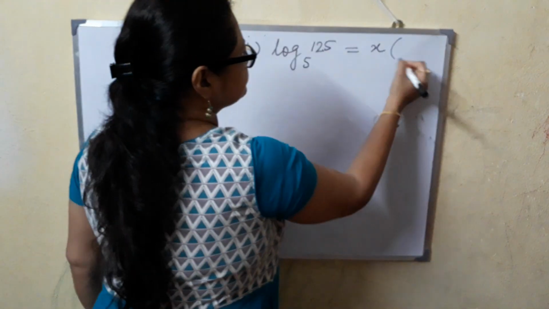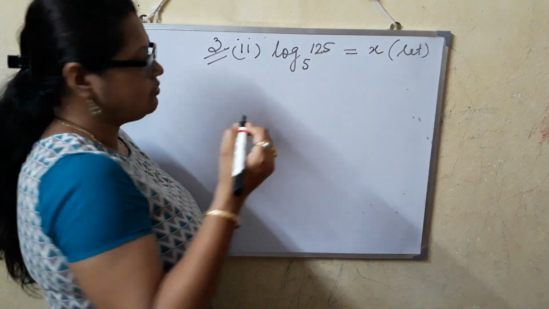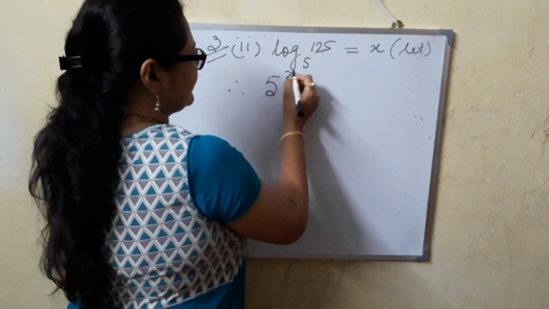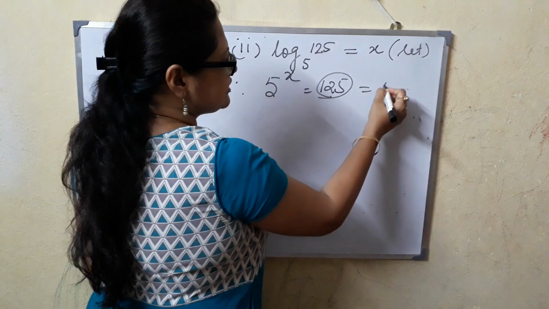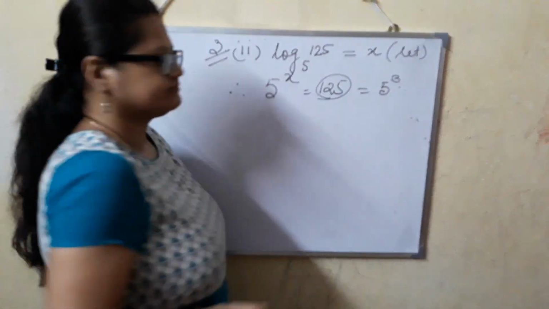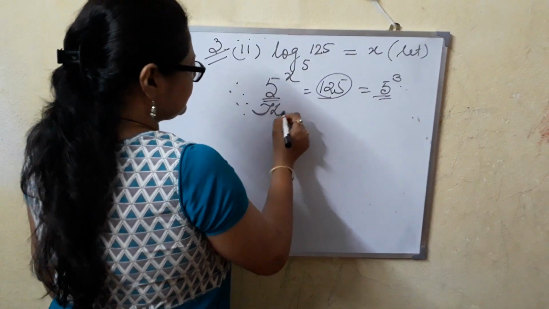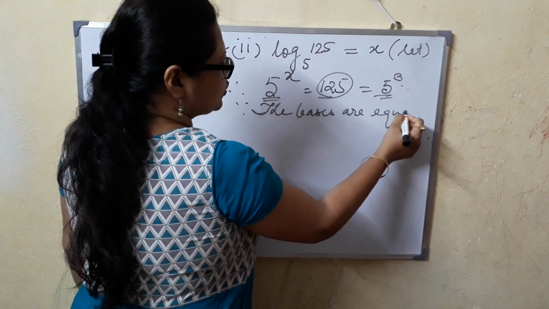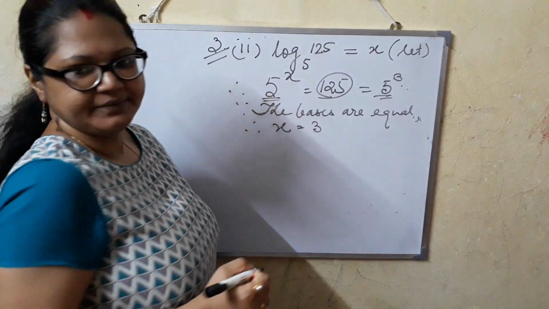Okay, so when we are writing it in exponential form, what can we write? 5 to the power of x is equal to 125. Now 125 means 5 cube. Okay, now you see both the bases are equal. So since the bases are equal, therefore x is equal to 3.